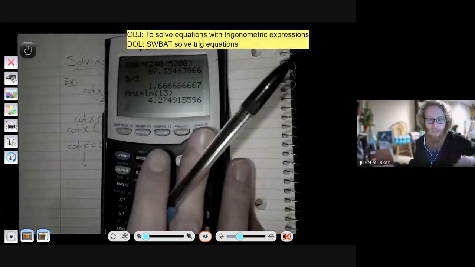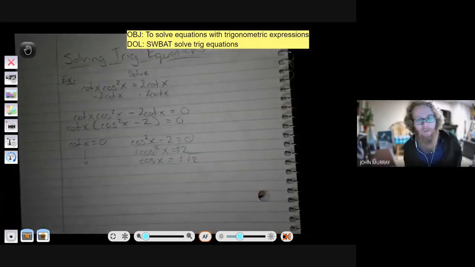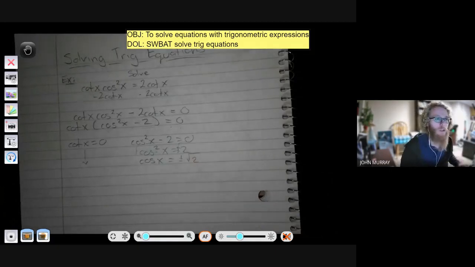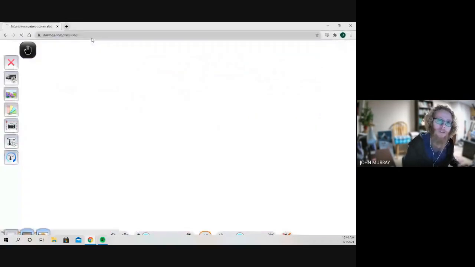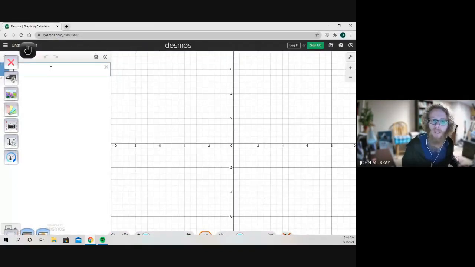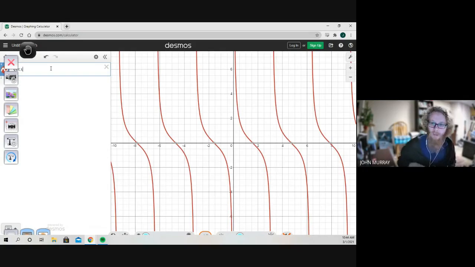One thing you can do is look at the graph. You'd probably have to use a web-based graphing calculator. You can't just type this into your phone. So you have Desmos. We use that a lot. So I'm going to type in cotangent of x. And now we're looking for where does this equal 0?